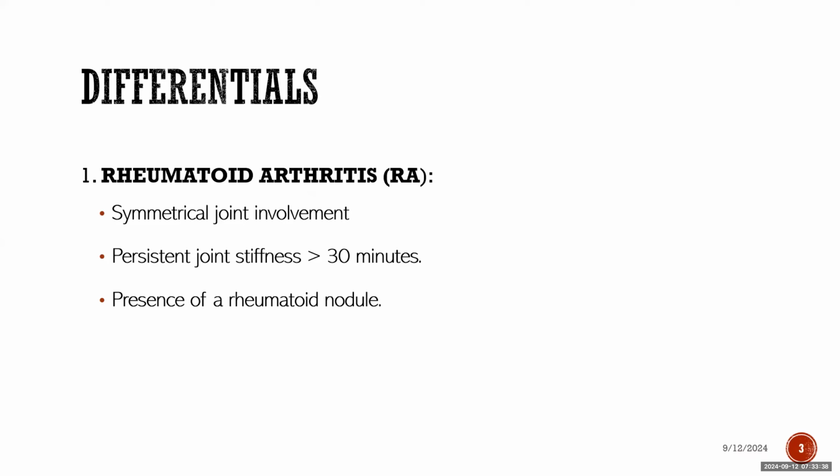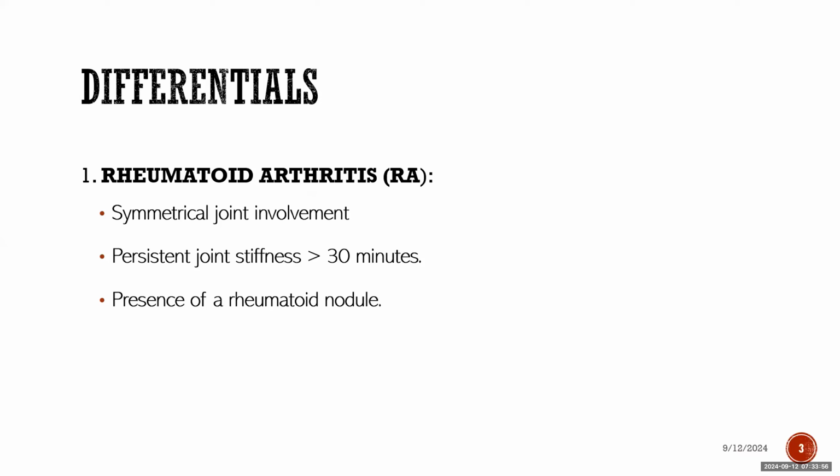So first differential will be rheumatoid arthritis. They made mention of symmetrical involvement, and there also persistent joint stiffness that lasted the whole day, which also puts it as a very strong differential.